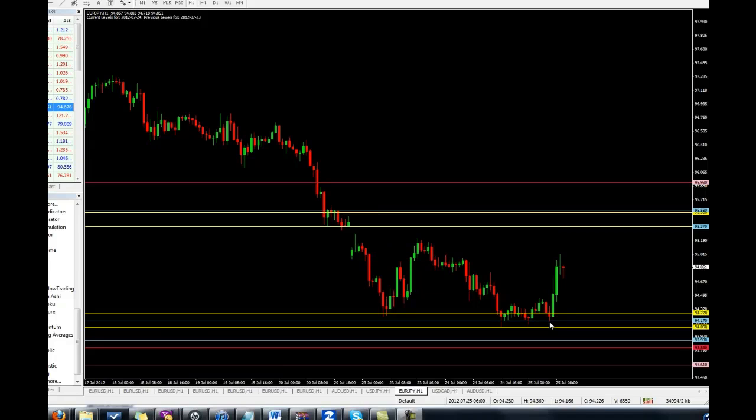When I update the levels daily, it automatically adjusts on your chart, so the yellow lines that adjust become the new levels, and the old yellow levels become light blue, and that process just continues every day.